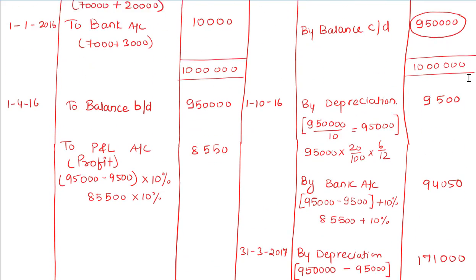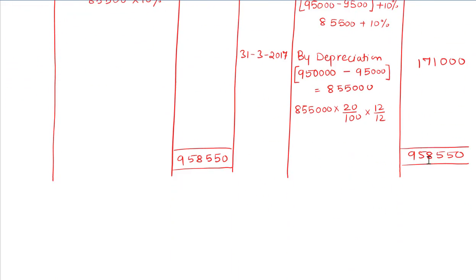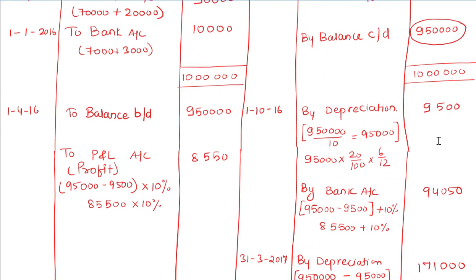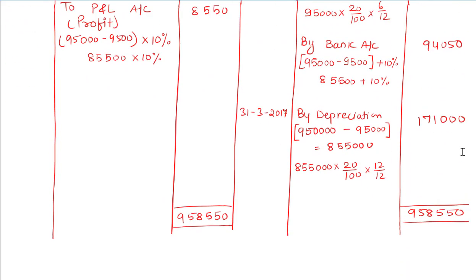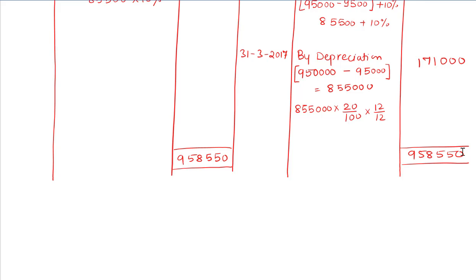Then 9,58,550 minus 9,500 minus 94,050 minus 1,71,000. The figure we get is 6,84,000, and this is the balancing figure.